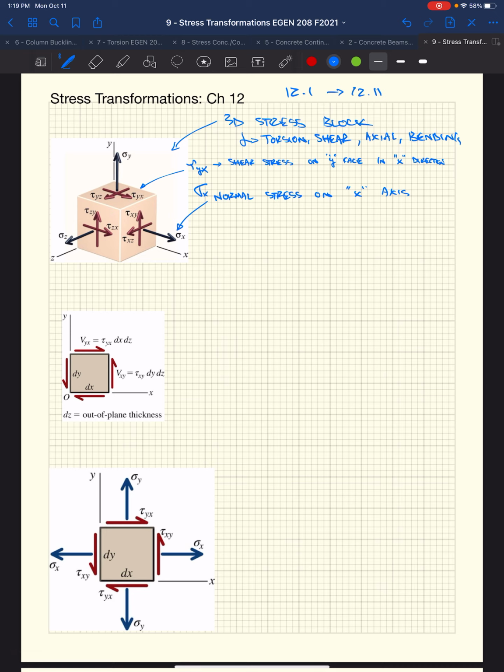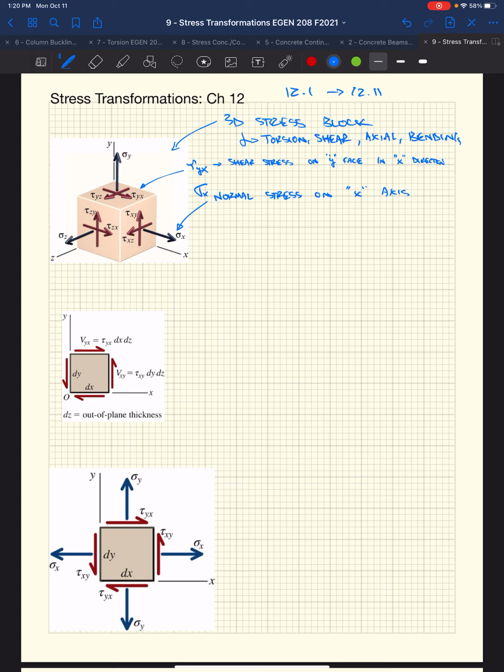One beautiful thing about this class, and in the real world when we're designing, especially machine parts and structural elements, is that a lot of these stresses actually go to zero because we're dealing with things that are thin-walled, like this wide flange, for instance. If we were looking at a stress block on the very edge, where one surface was the edge of this member, that stress is zero. It's atmospheric, it's out here.